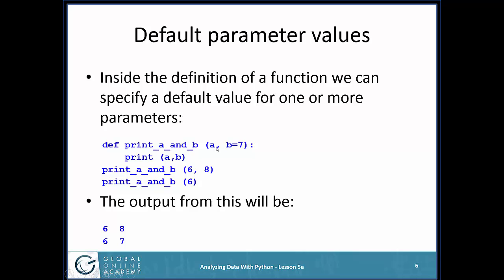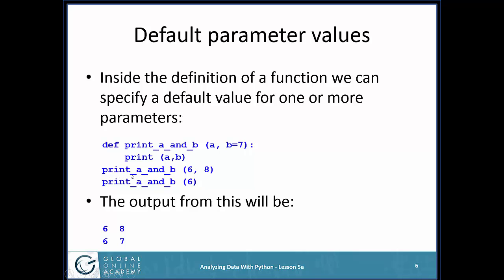But notice when I'm defining this, A is just the name of the variable, B says B equals 7. That's a default value that says if when you call the function print A and B, you don't tell me what B is, then I'll use a 7. If you do tell me what B is, I'll use your value. So this 7 is just a default. So what happens?